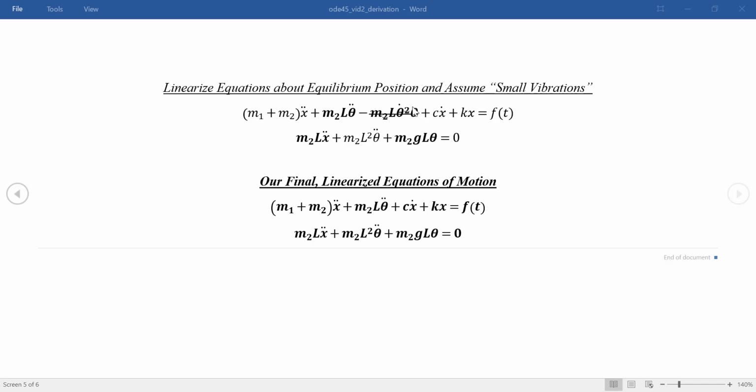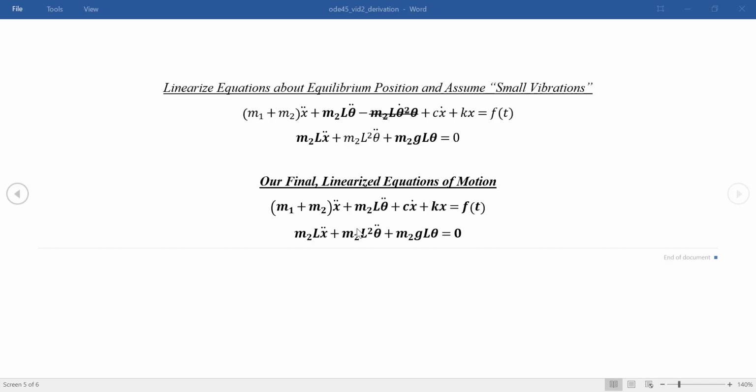So if theta is small, and theta dot is also small, then theta dot squared times theta is going to be extremely insignificant compared to the rest of these terms. So that's why you see this slash through it here. We can just cancel that out. And after that linearization and simplification, we end up with these final linearized equations of motion. So there's the derivation that you wanted if you stayed along for the ride.